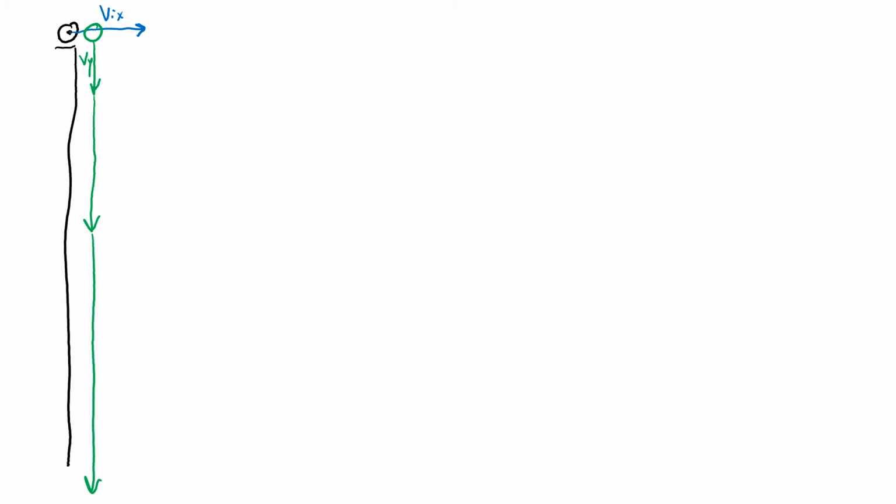I'm going to draw 3 vectors there. We'll start at the same exact position here. So we'll go 1, 2, 3, and try to make them as equal as possible, because the velocity isn't changing in the x direction.